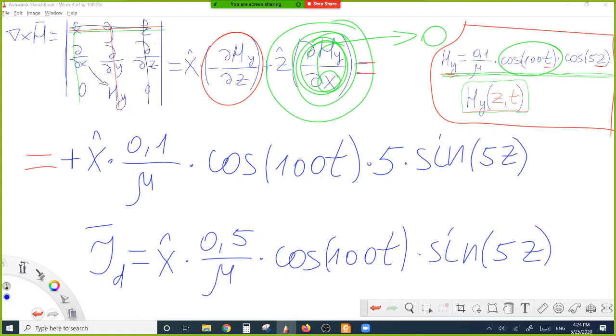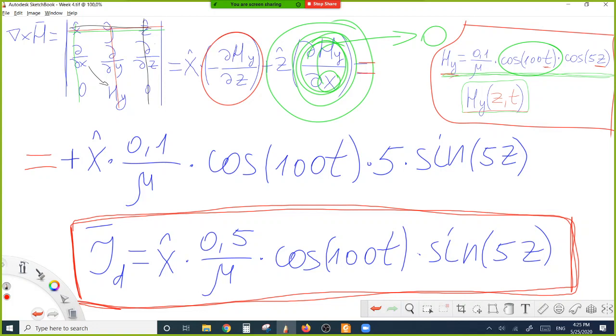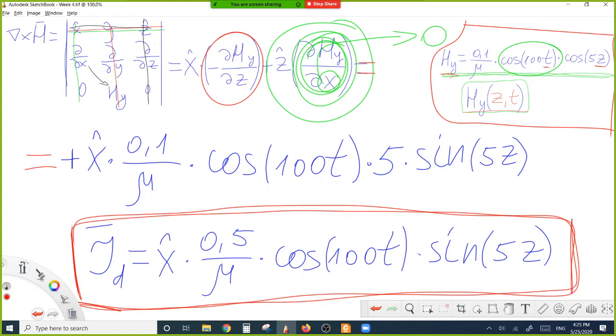Okay, we have found the displacement current density JD. Now the problem is finished.